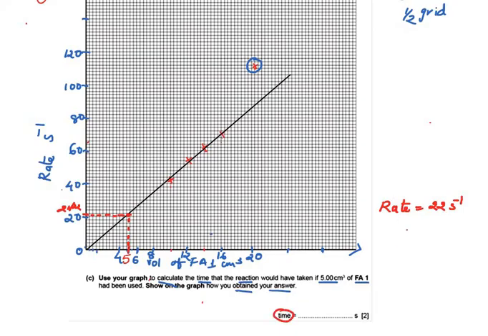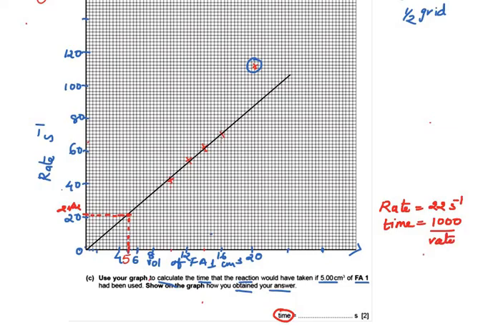So to calculate time from the rate, we need to use the formula which was given to us earlier. According to that formula, time is equal to 1000 divided by the rate.